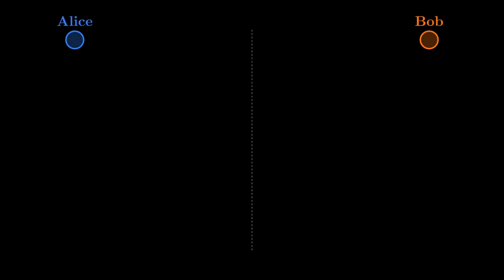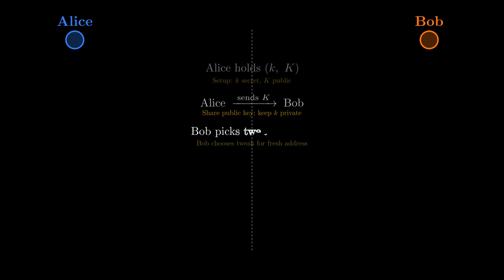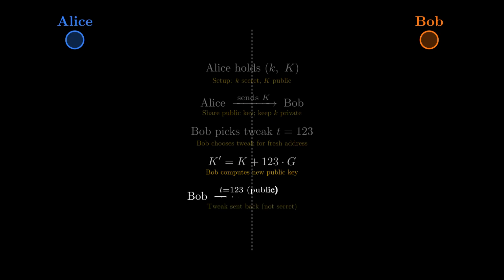Let's run the scenario with two people. Alice holds both the private key little k and the public key big K. She sends big K to Bob, keeping little k secret. Now Bob wants a fresh public key for a payment. He picks a tweak, say 123, and computes big K plus 123 times G, getting big K prime. Bob then sends the number 123 back to Alice.